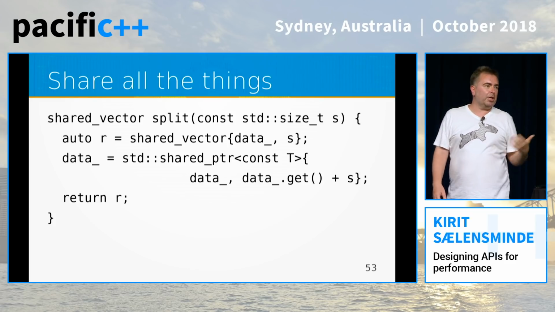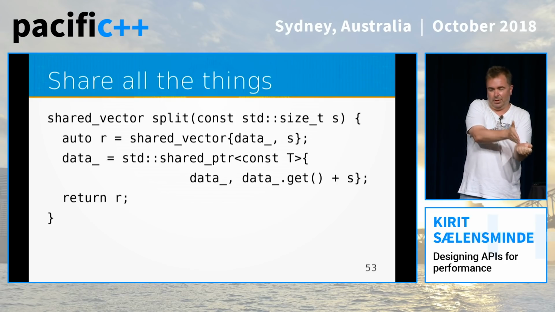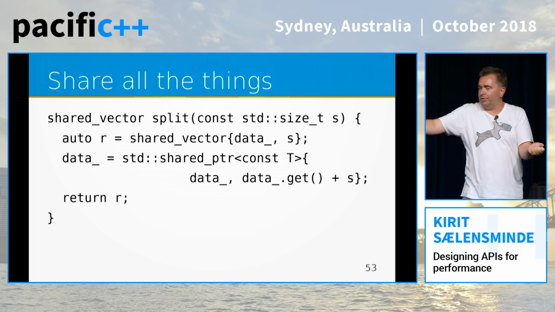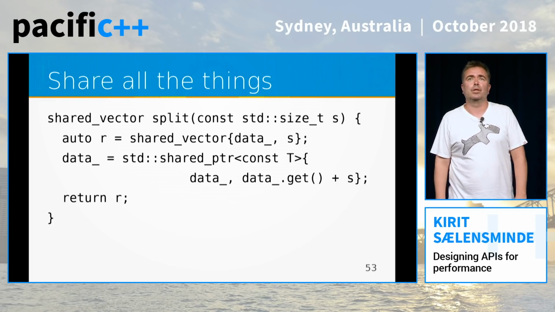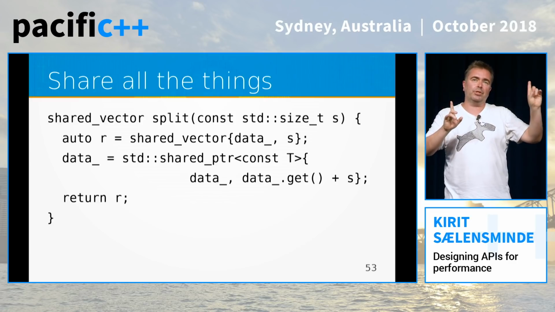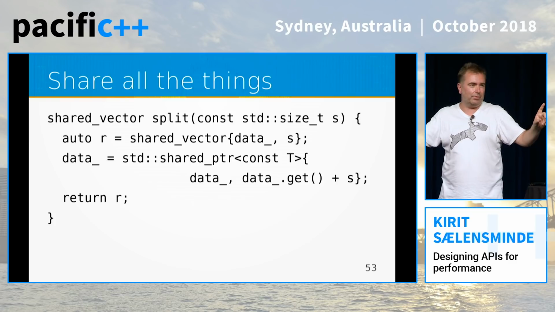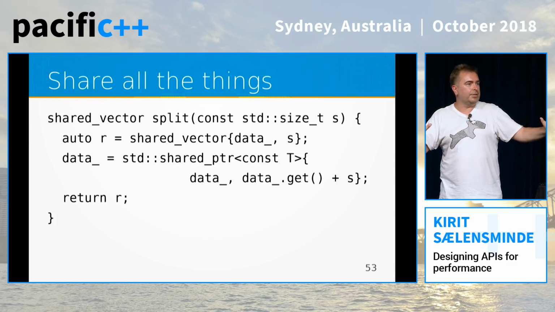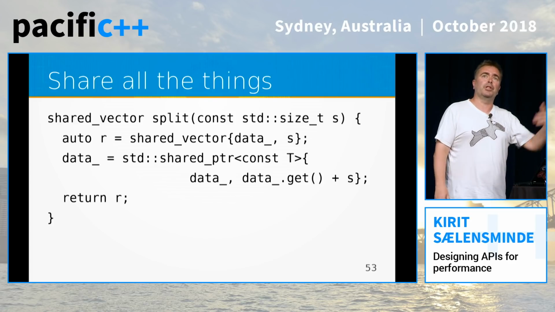And then we replace our data member with the same pointer advanced S elements, which is what the data get plus S does. So actually these two pointers, the shared pointer data underscore and the data underscore dot get, the raw pointer at the end there, are unrelated, and they can actually be of completely different types with shared pointer. And then we return the head.